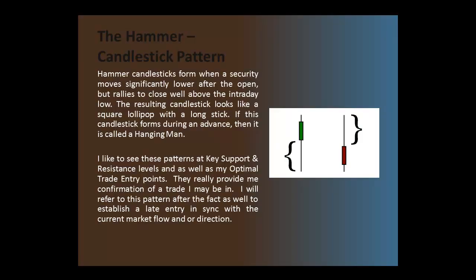If you see a long wicked hammer on an hourly chart or 4-hour chart, but you didn't enter during that time frame, for instance, maybe it was a news event that took place, whatever it's indicating, high or low.